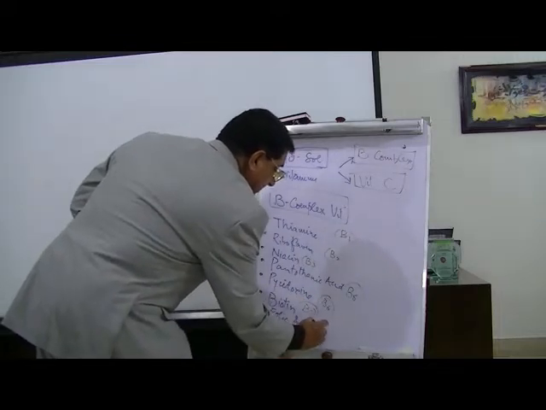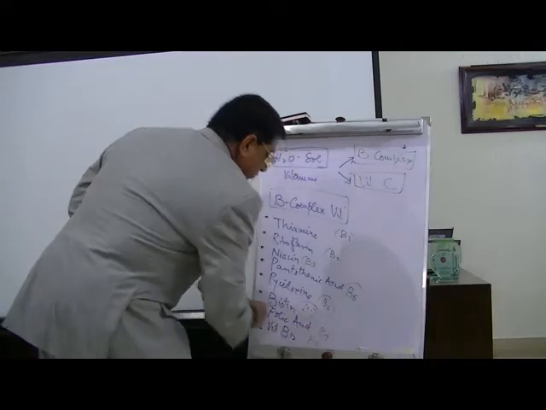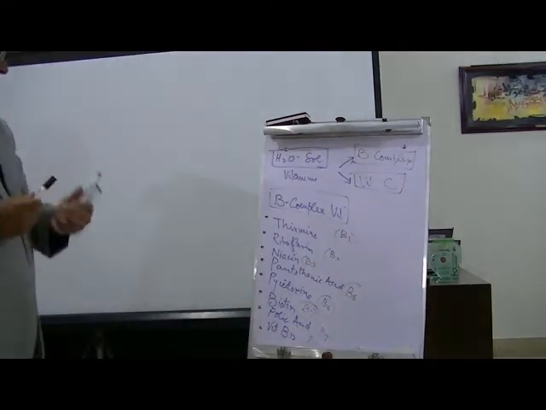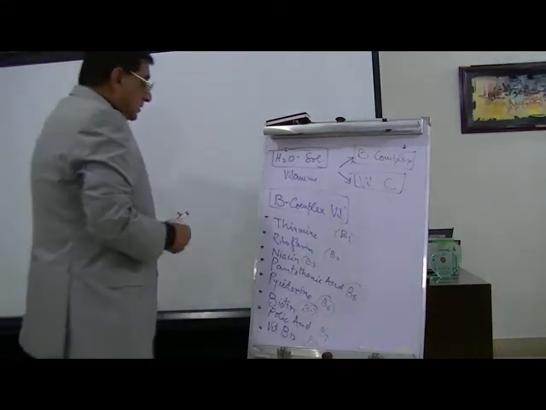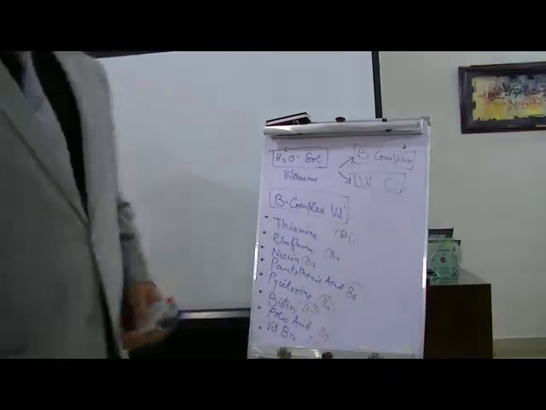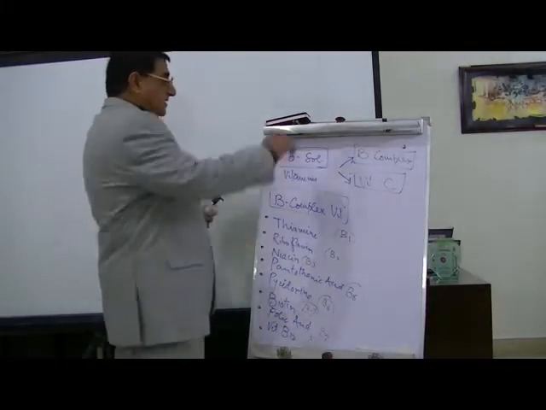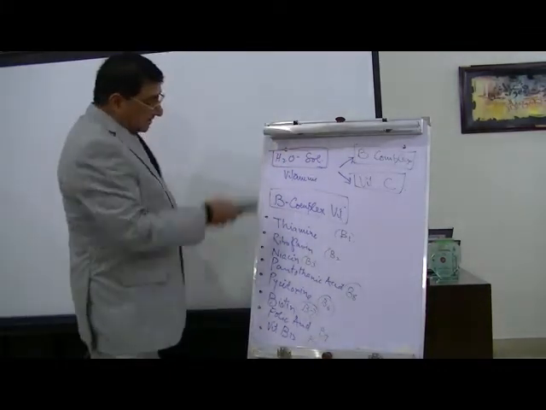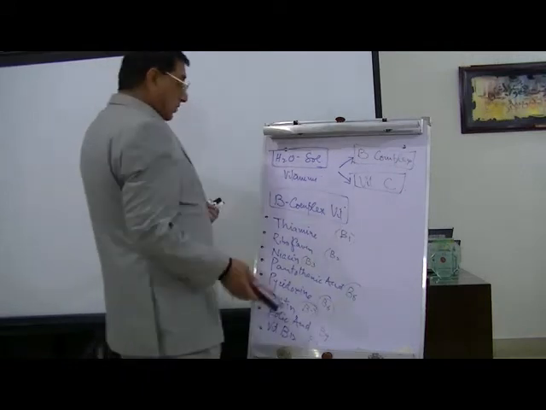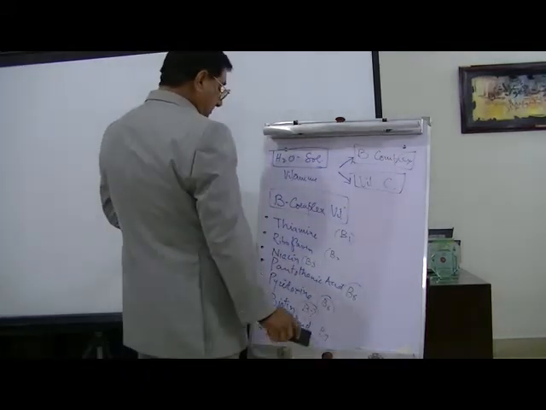Folic acid is B9. And B12 is cyanocobalamin. Though they are all very important, and they will be talked about in this manner, I would like to pick up the last two first.